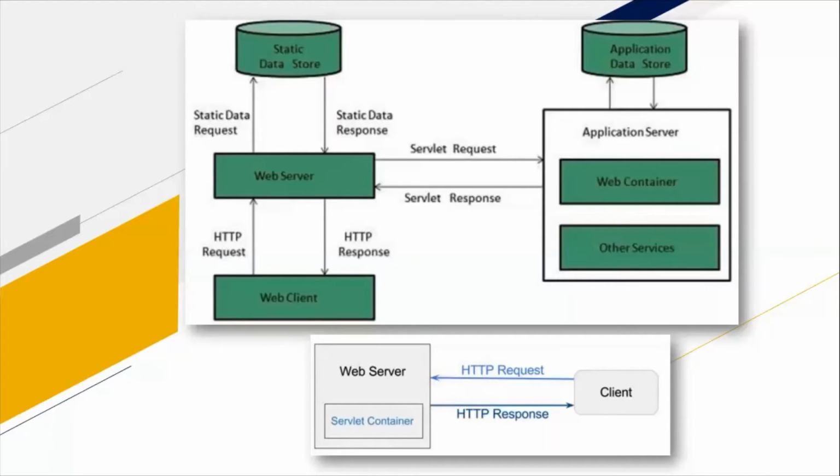So let's talk about the application server. An application server consists of a web container and other servers. We know that application servers are complex and meant for very large applications.